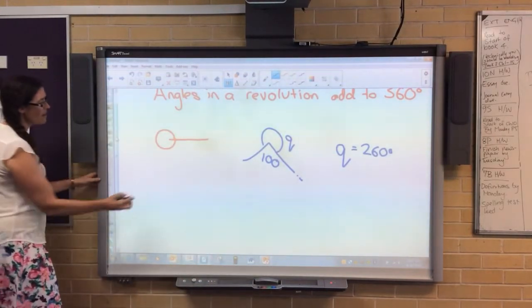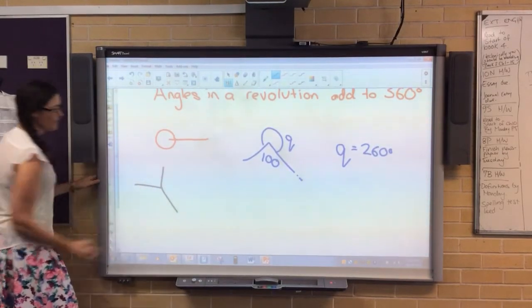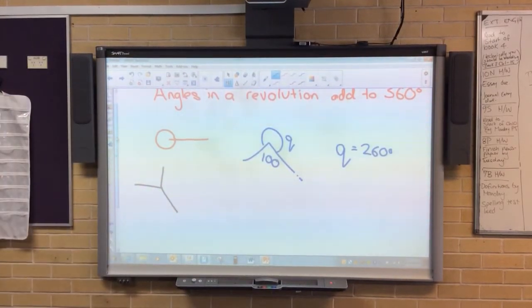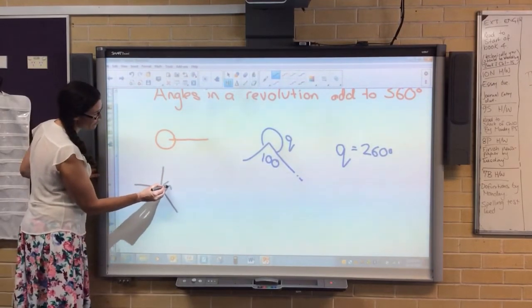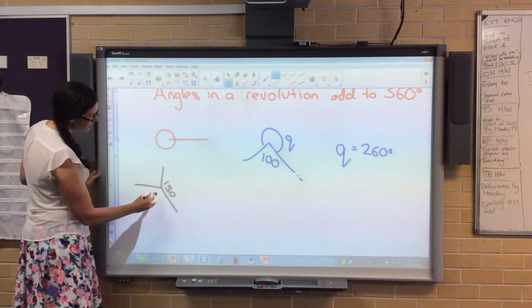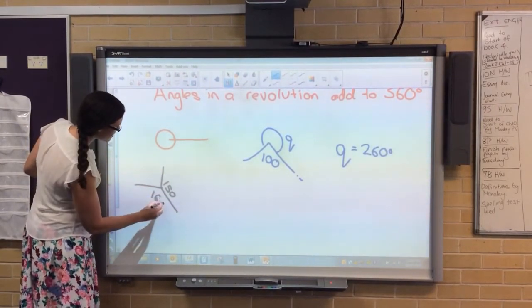My second one, I'm going to have a little bit of a strange looking thing. Okay, I've got these lines going all over the place. Now I'm going to tell you that this one here is 150. This one here is 160.